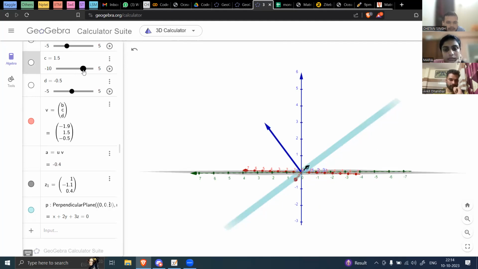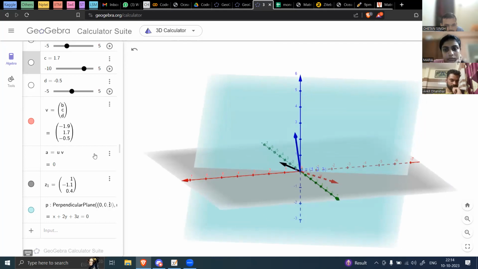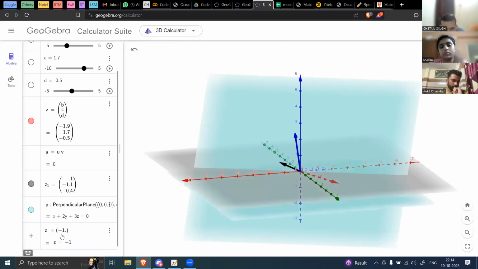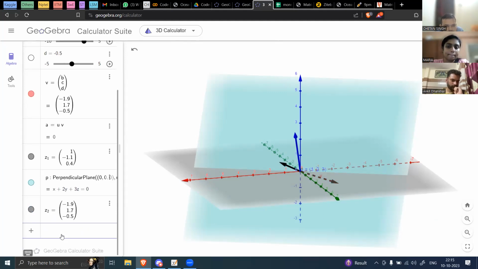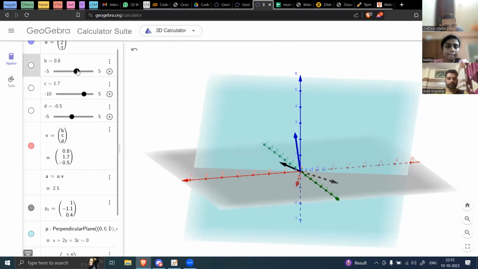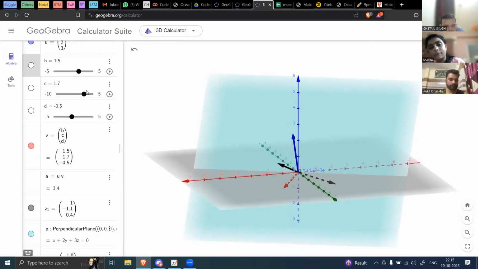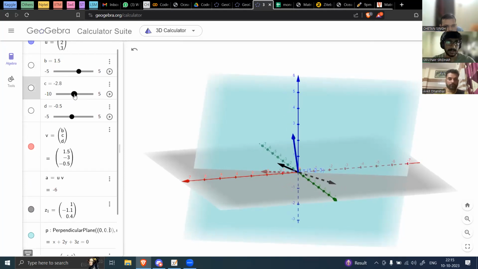Can we get another value that goes to 0, apart from this? Only by changing the values, right?